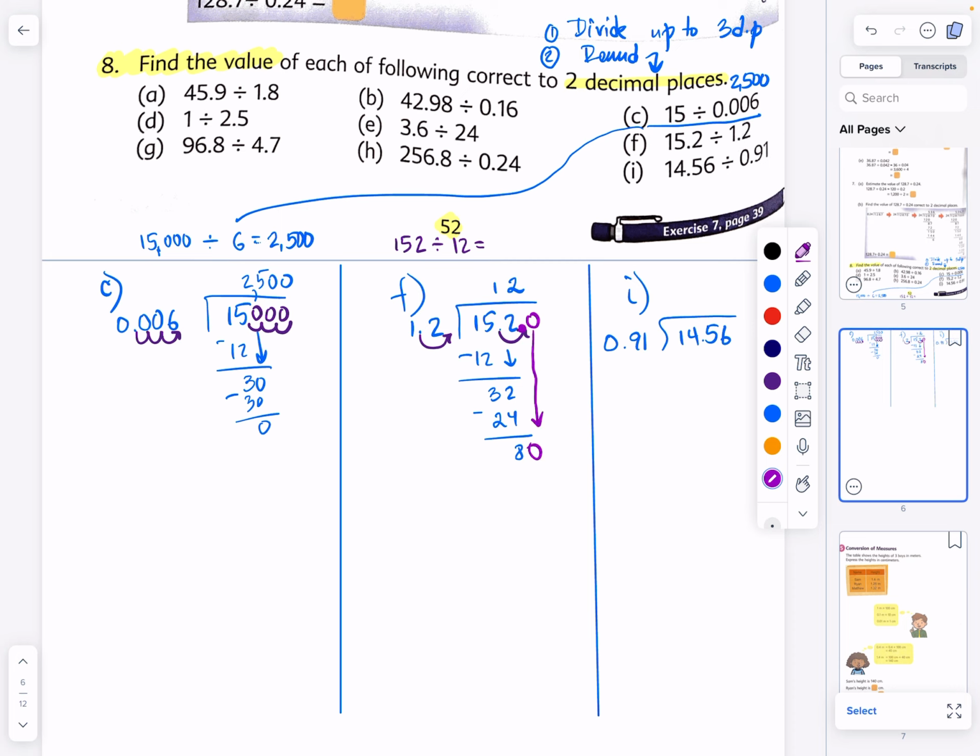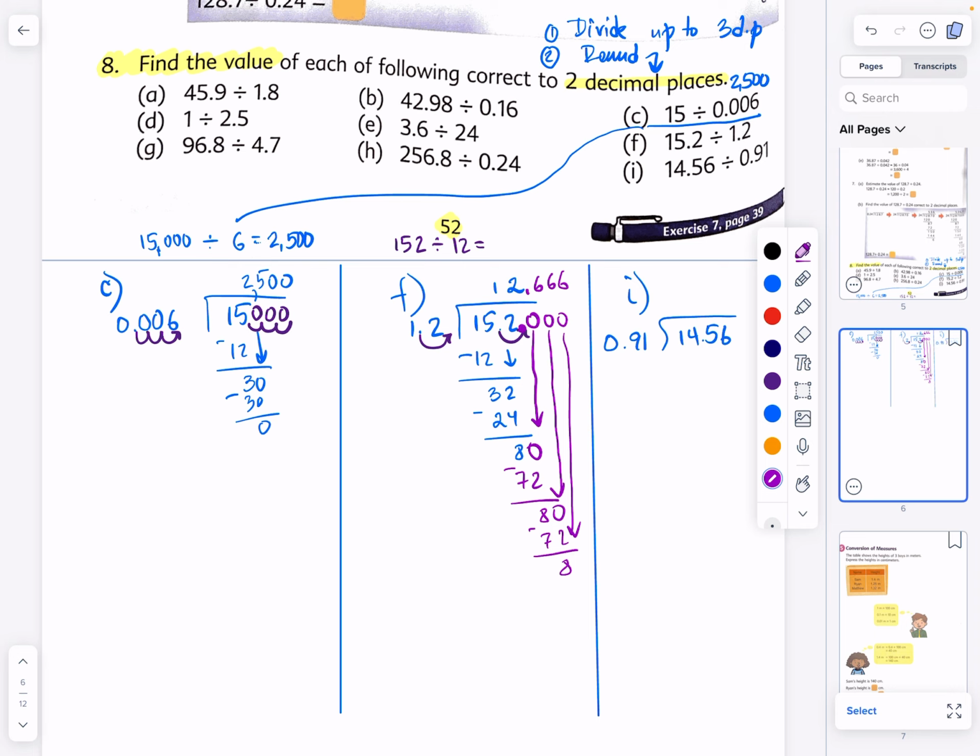12 goes into 80 6 times. 6 times 12 is 72, and the remainder is 8. Another trailing 0. 12 goes into 80 6 times. Okay, 6 times 12, 72. I hope you see where this is going. Another trailing 0 and so on. So we found 3 decimal places.